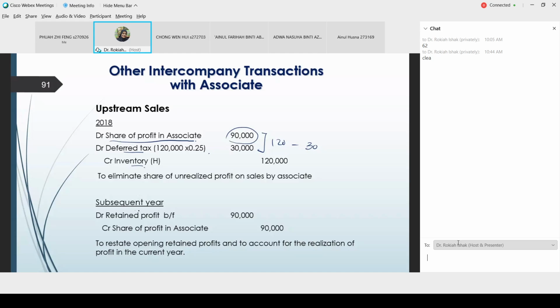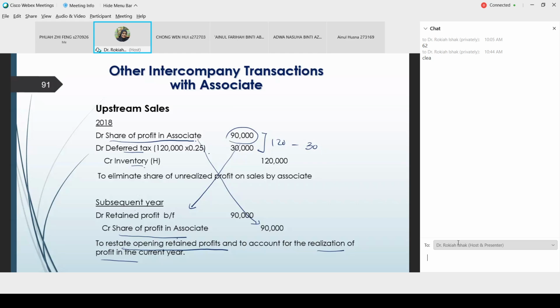For the subsequent year, you debit your RE and then credit share of profit, to reinstate opening profit and to account for the realization of profit. Once you realize the profit, it's going to increase the share of profit in associate. So with upstream, we are using share of profit.